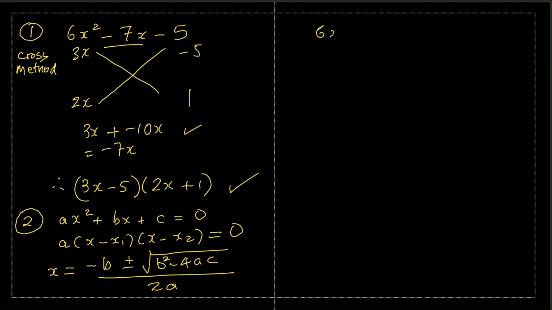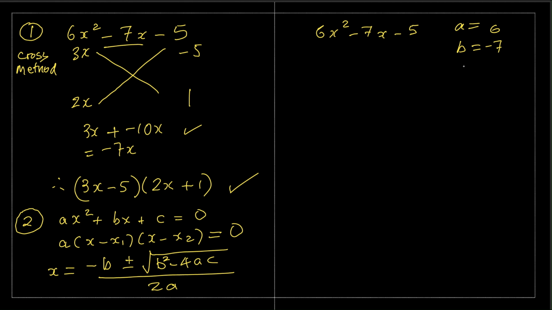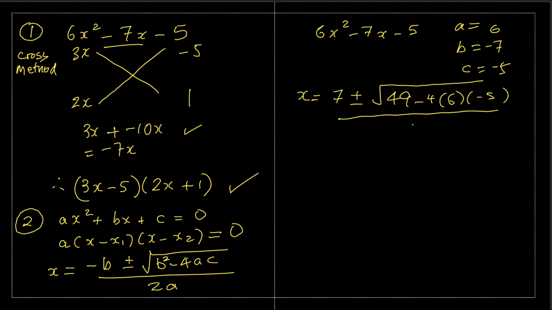So in the case of our quadratic here, let's just rewrite it for convenience sake. Here we have a is equal to 6, b is equal to minus 7, c equals minus 5. Plug it in, you get minus b, which is plus 7, plus or minus square root of b squared, that's 49, minus 4 times a times c, all over 2a.